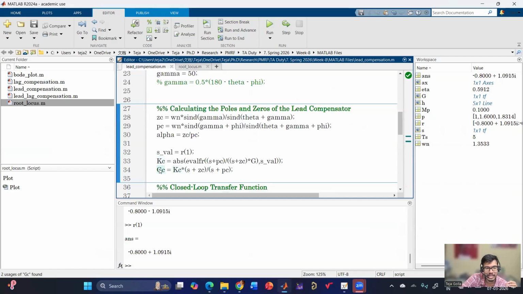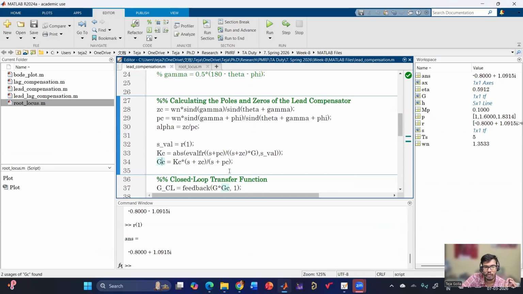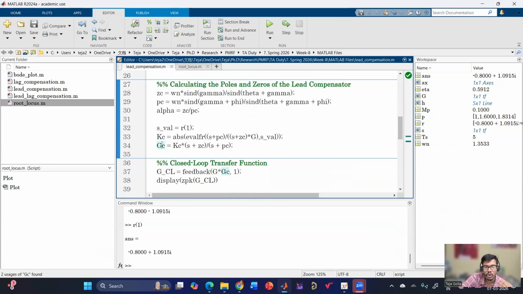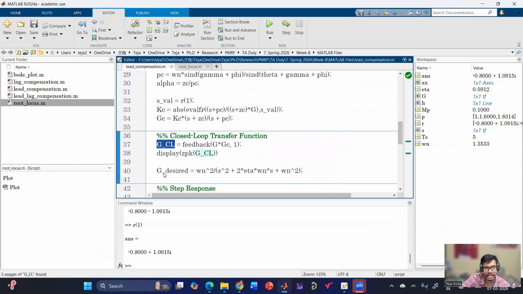Then my Gc is denoted as Kc into (S plus Zc) by (S plus Pc). So now I got my Gc. I'm also given my transfer function G. From this, I can calculate my closed loop transfer function using this feedback command. It is a unity feedback system, so I can get my closed loop as GCL.